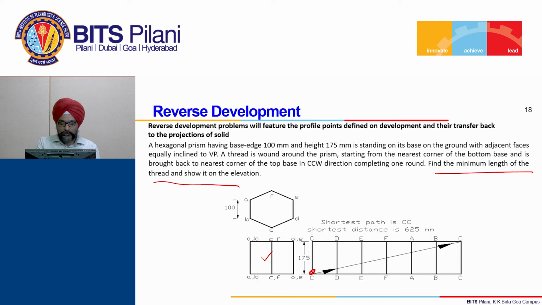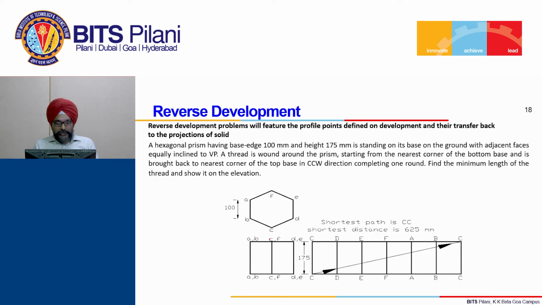We have to start from the bottom base, C bottom, give a complete round and finally reach C top end, which is nearest to the observer. Now, we do not know what path it has to follow. So, that path we have to show.